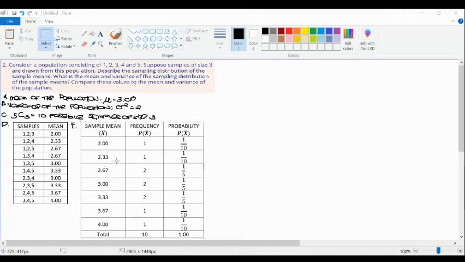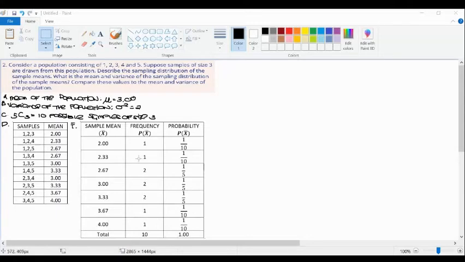Next, the 2.33 appeared only once as well, so we have 1 over 10. However, the 2.67 sample mean appears twice, in 1, 2, and 5, and 1, 3, and 4.